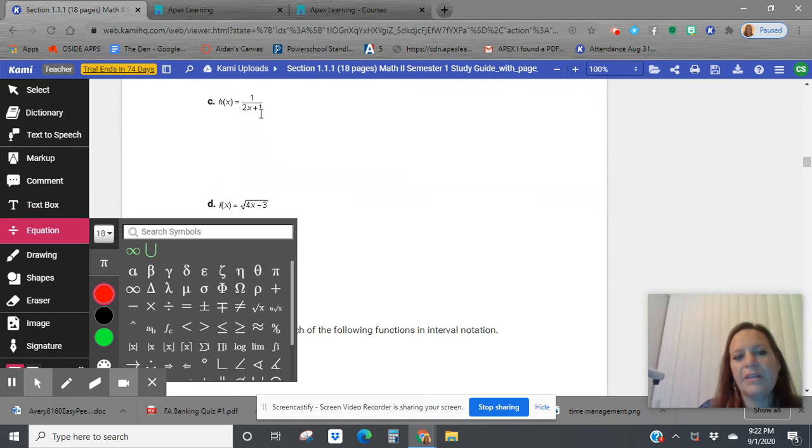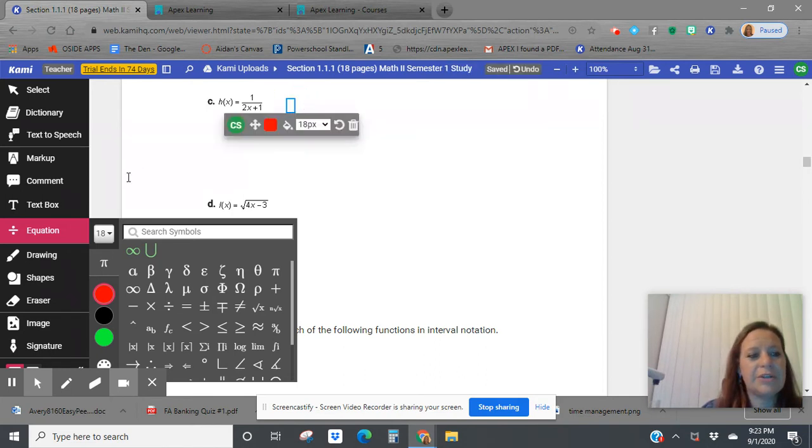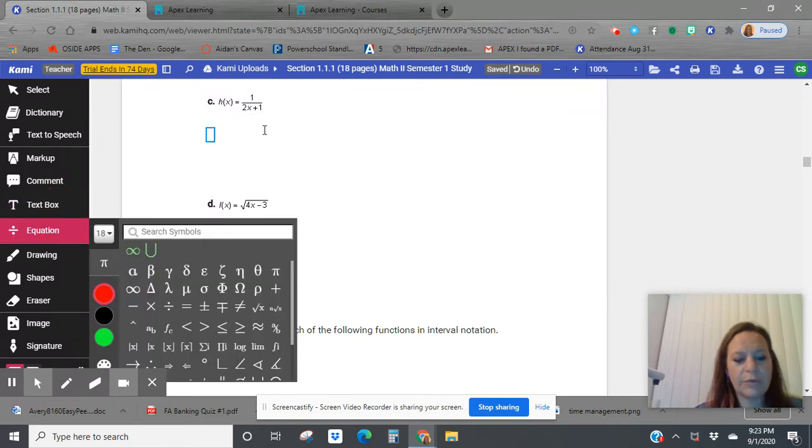Next function, this bottom section also cannot be equal to 0. So if we're looking at a fraction this time, and if it's easier for you to see, let's set it equal to 0. So if we go 2x plus 1 equal to 0, let's solve and figure out which value would not be okay.